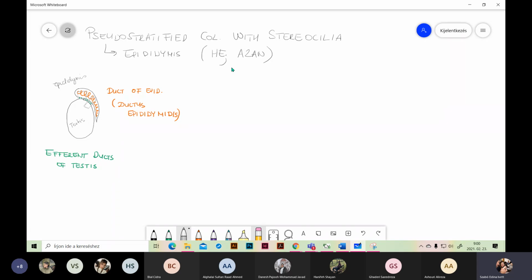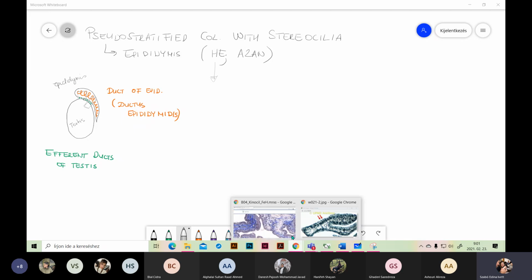Okay, and in the first semester you have to recognize the testis parts, but you don't have to know any exact details about the testis, because we will learn about the testis in the second semester. So let's see these ducts. In the first slide, which is stained by hematoxylin eosin, we will see the efferent duct of testis and duct of epididymis.